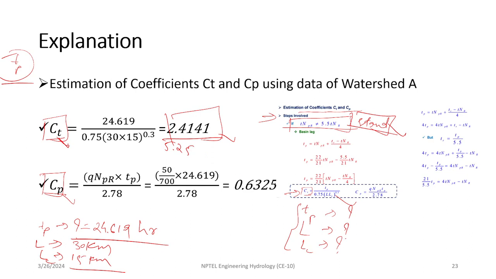I am taking a CT value here. 6.25. And what about the CP? How much are you getting for CP? Yeah, I'm getting 5.25. Okay, 5.25 you are getting. Okay.